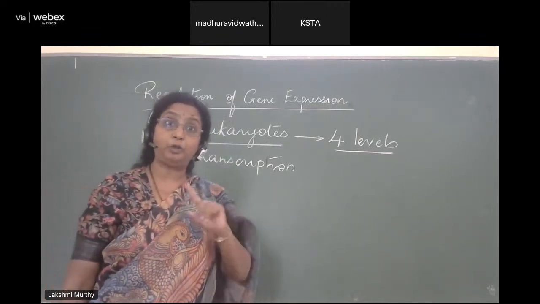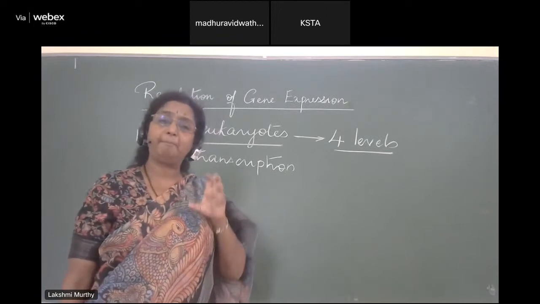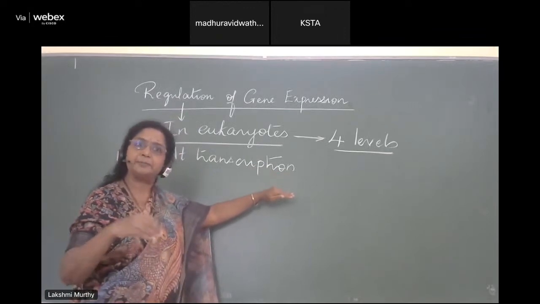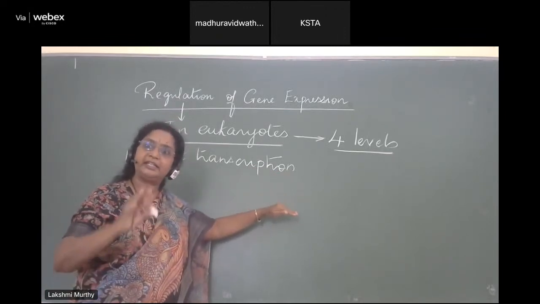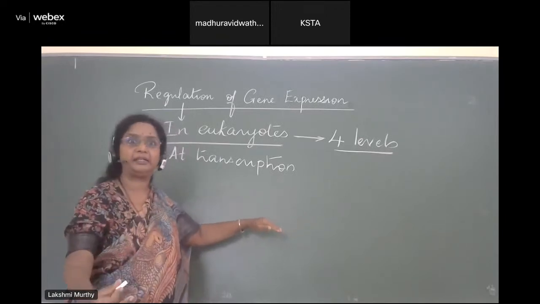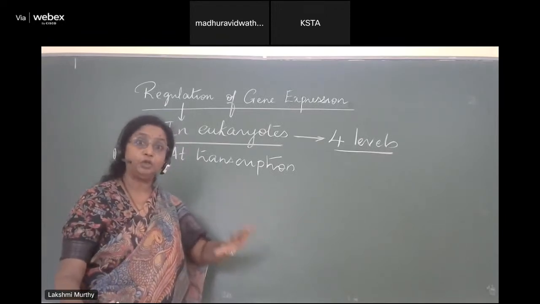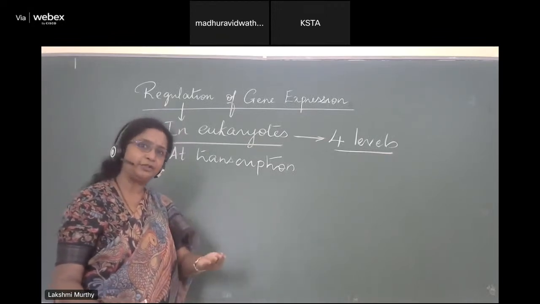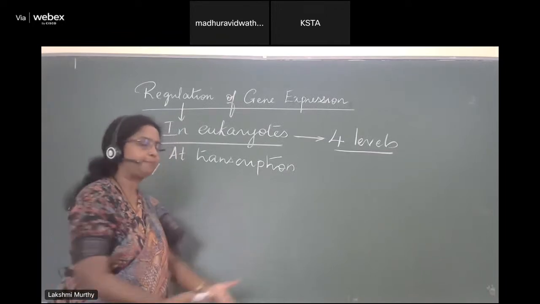Second level, for example, let us say you have a neutrophil, which is a type of WBC. The neutrophil also doesn't want to make hemoglobin, but it is not able to control transcription. Transcription occurs, and the HnRNA for the alpha globin chain and beta globin chain of hemoglobin is made. After that, you don't want it to produce the mRNA. So what are you going to do? Prevent splicing.